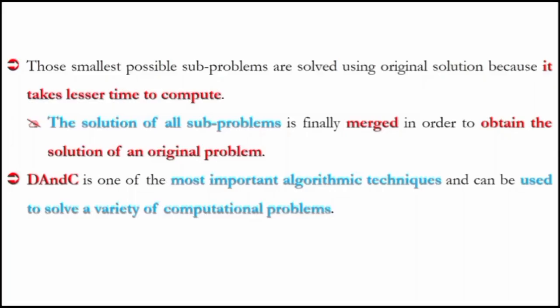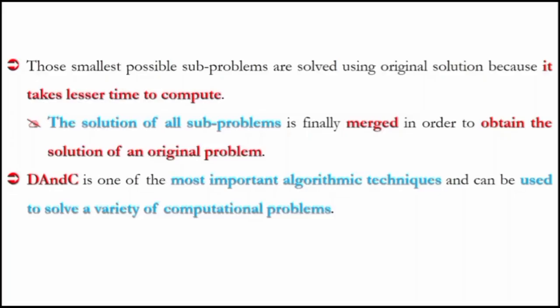When we calculate the computational time or the performance of the algorithm, we must divide the given problem into smaller and smaller parts. At that time, it takes less time to compute, and the given large problem is easier to solve after finding the solutions for the sub-problems. Finally, the solutions of all sub-problems are merged. Why?